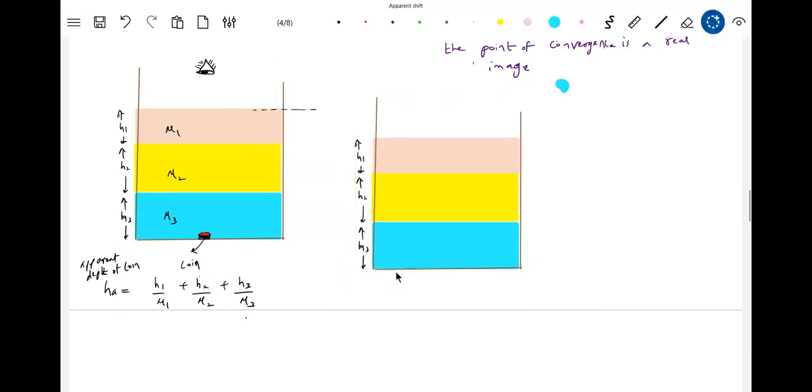Next situation. If I keep the coin somewhere here, where will that coin appear for us? So this will be H2 by 2. So mu1, mu2, mu3. I'll view it normally.